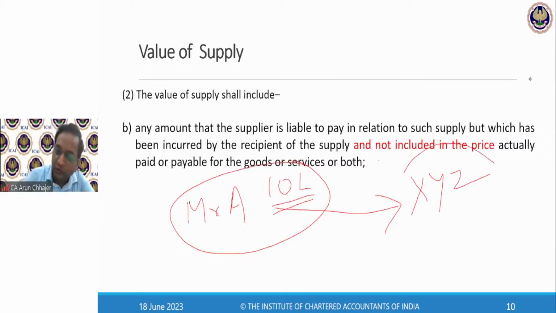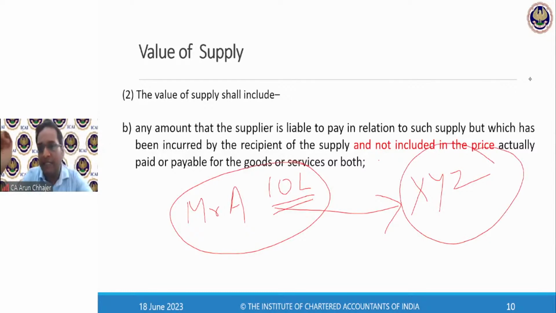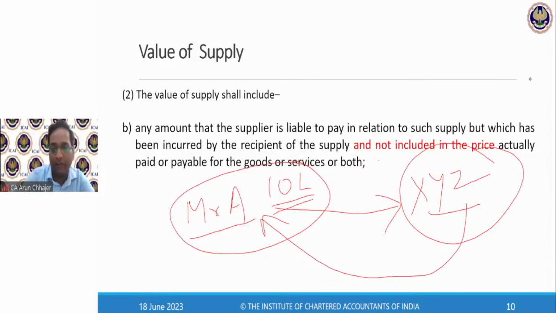Now, XYZ is a cement manufacturing company. XYZ is saying that please do not purchase the cement from outside, take it from me only. He has supplied the cement to Mr. A on FOC, free of cost, worth rupees, let's say, 2 lakh.